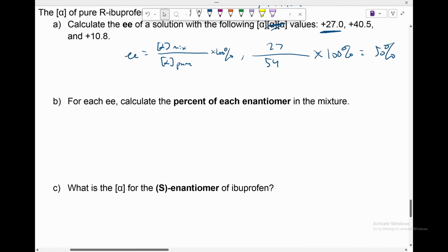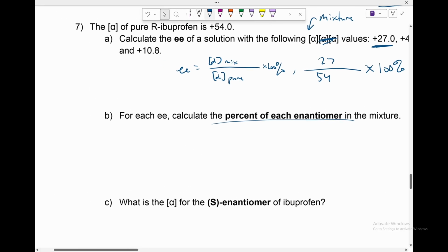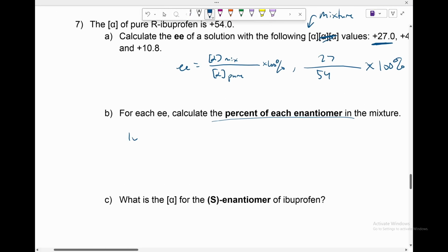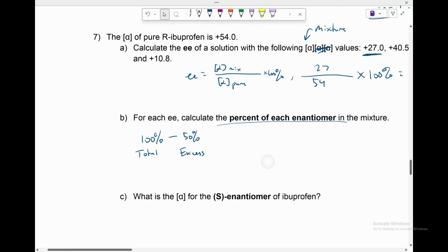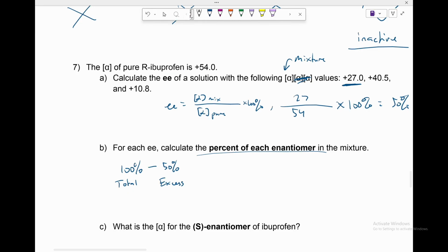Cool. For each enantiomeric excess, calculate the percent of each enantiomer. One quick thing. So let's say I have 100%. This is going to be my total. Minus 50%, this is going to be my enantiomeric excess. I know that my excess is going to be R because it's causing the plus 54, right?